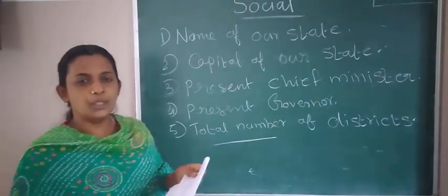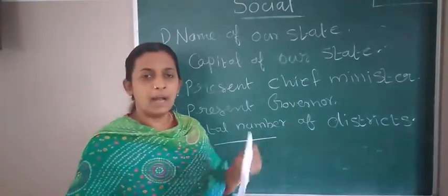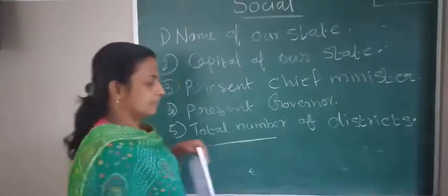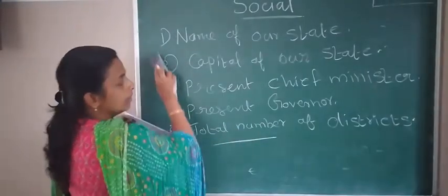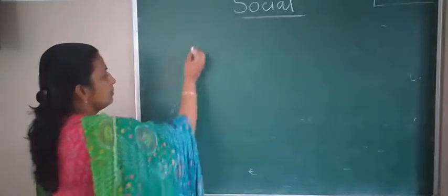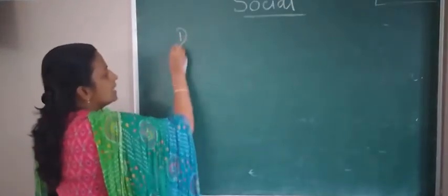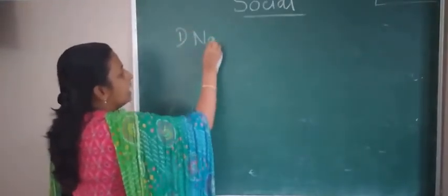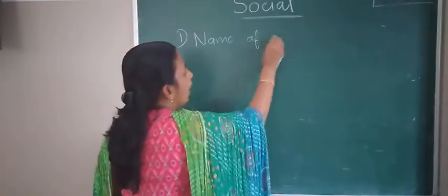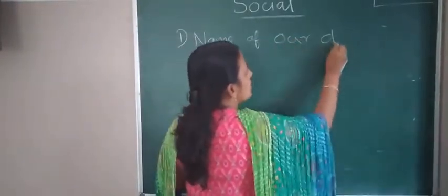Now we are going to check some details about our district. Okay? About our district, the name of our district. First question from our district side, name of our district.